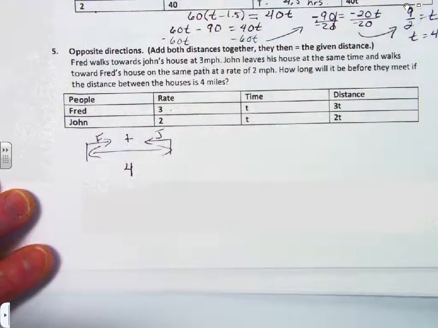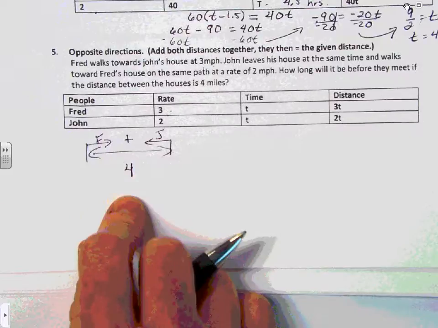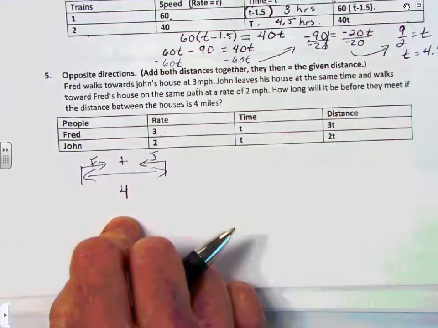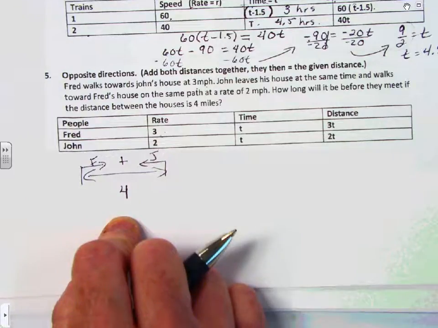We have no idea who's been walking longer. They gave us no information at all about either person's time, did they? So that's why both of the gentlemen here have plain letter T variables. All of their time is unknown.